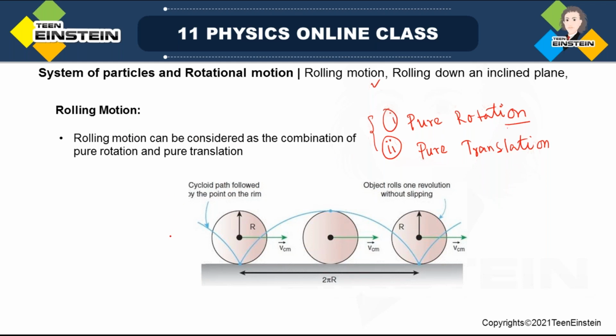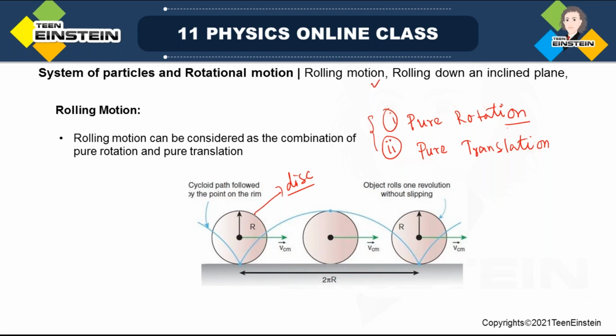Now I'll take up this example in this figure. Suppose this is a disk, and the disk is rolling on a plane horizontal surface.